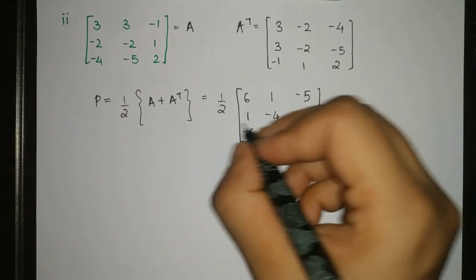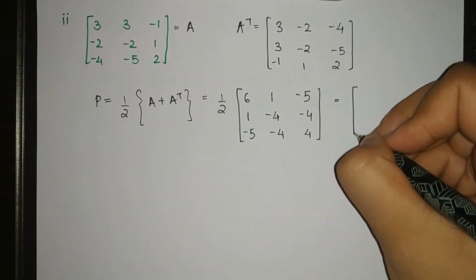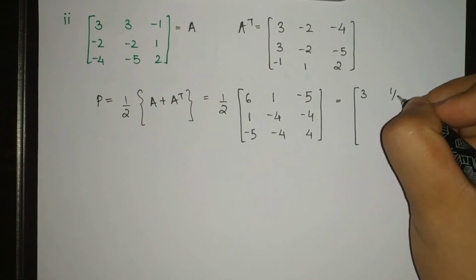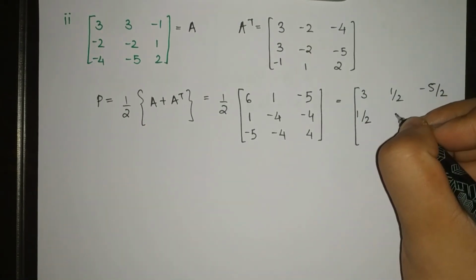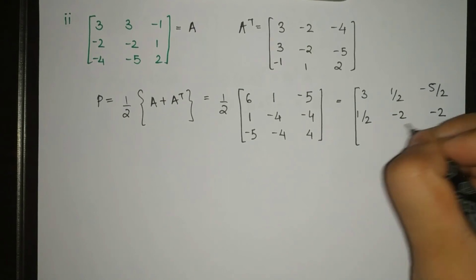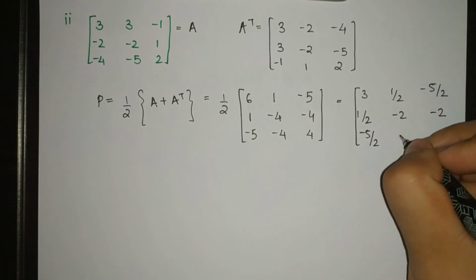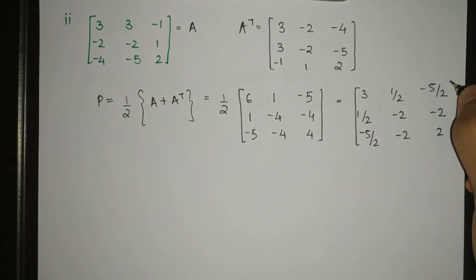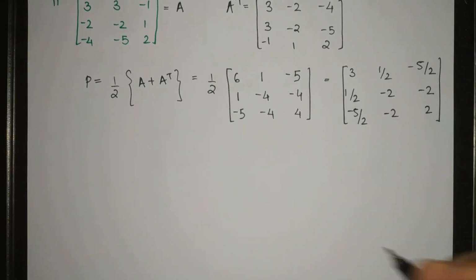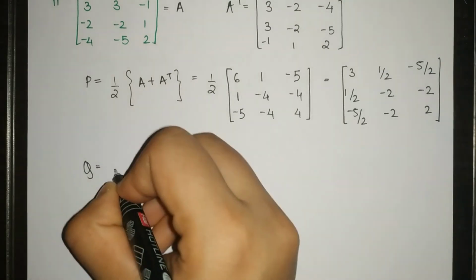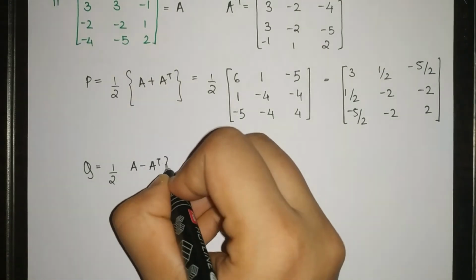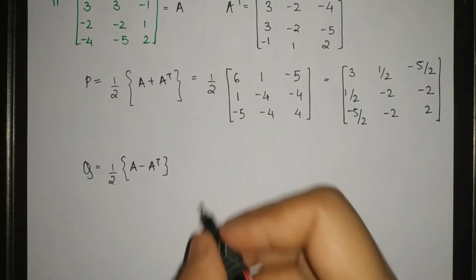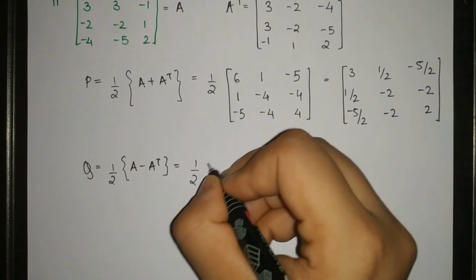Okay, and we can divide by 2 throughout, so we get 3 half, -5/2, then this is half, -2, then here we have -5/2, -2 and 2. And you can observe that this is a symmetric matrix. Correct? हम Q भी ढूंढ लेते हैं. Q is A minus A transpose into half, which is equal to directly ढूंढते हैं.